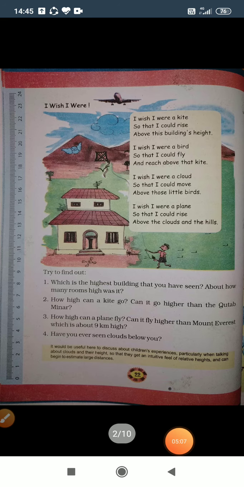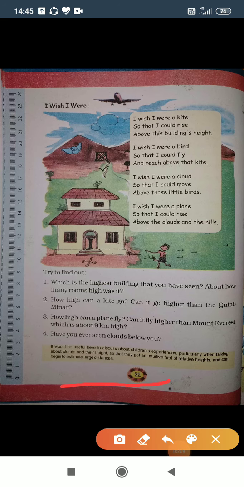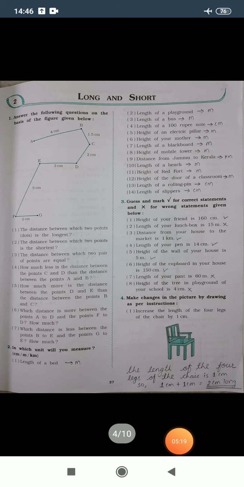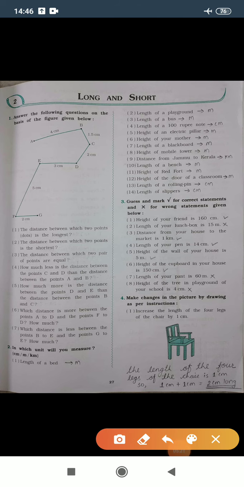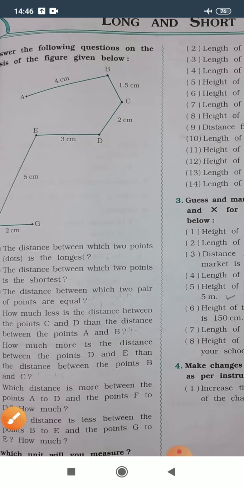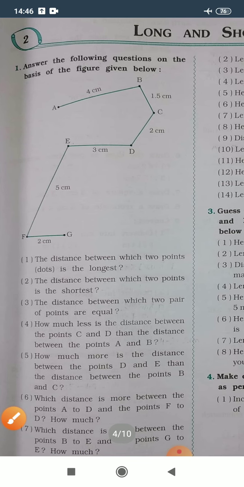So here we conclude our textbook part. Now we are going to do some extra questions. So let's begin with the extra questions. Question number 1. Answer the following questions on the basis of the figure given below.